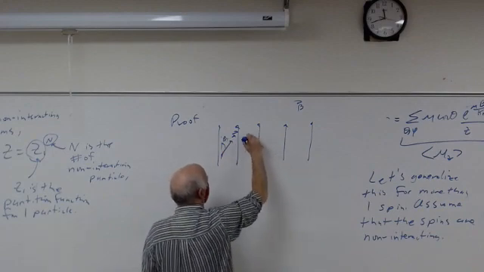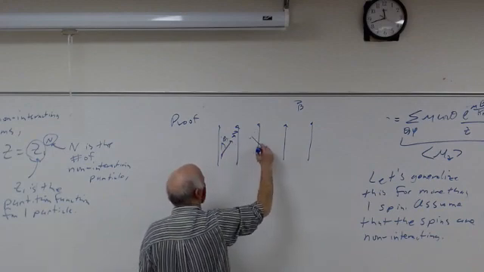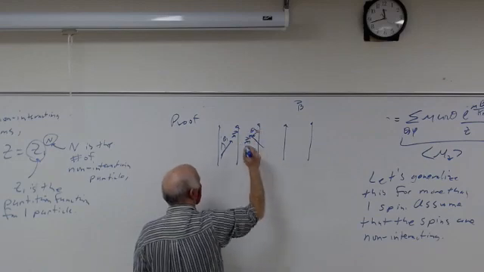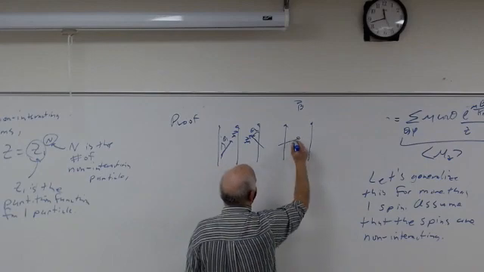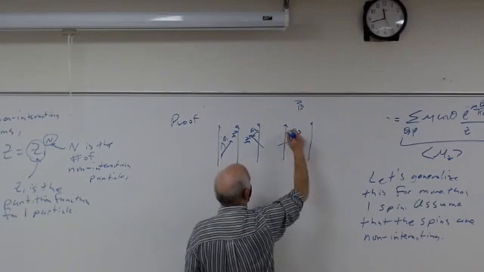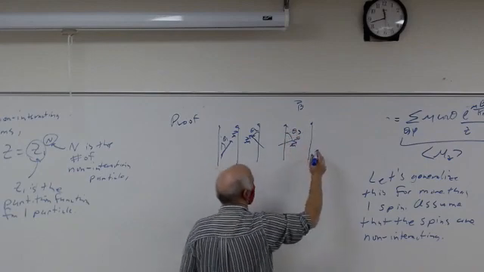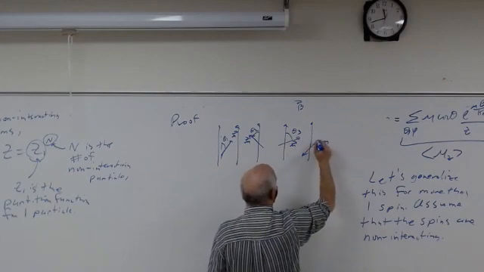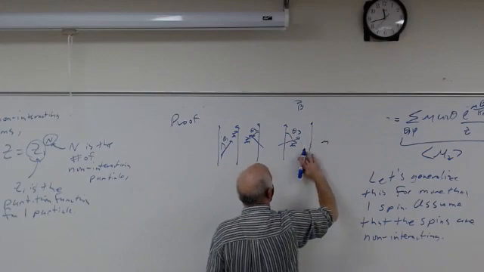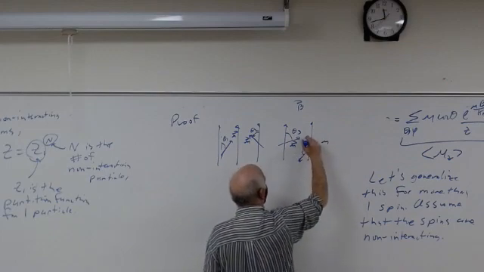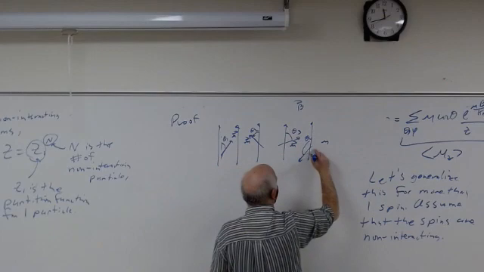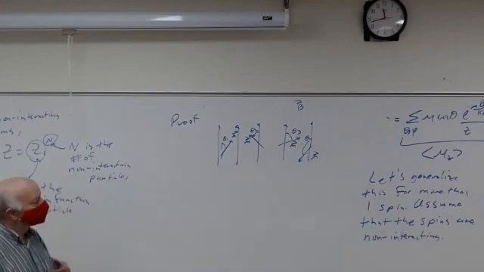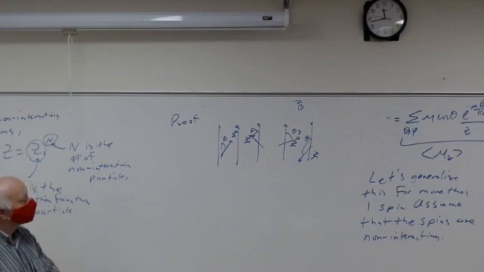Here's theta 2, here's the mu for that one. This one is like this, theta 3. And this one over here, this would be mu like that. We have all these particles here. They're all different.